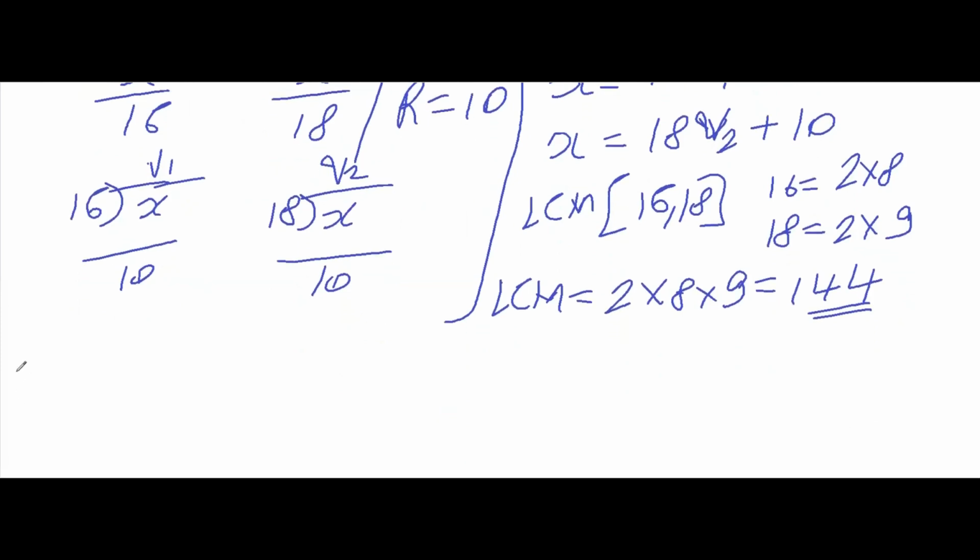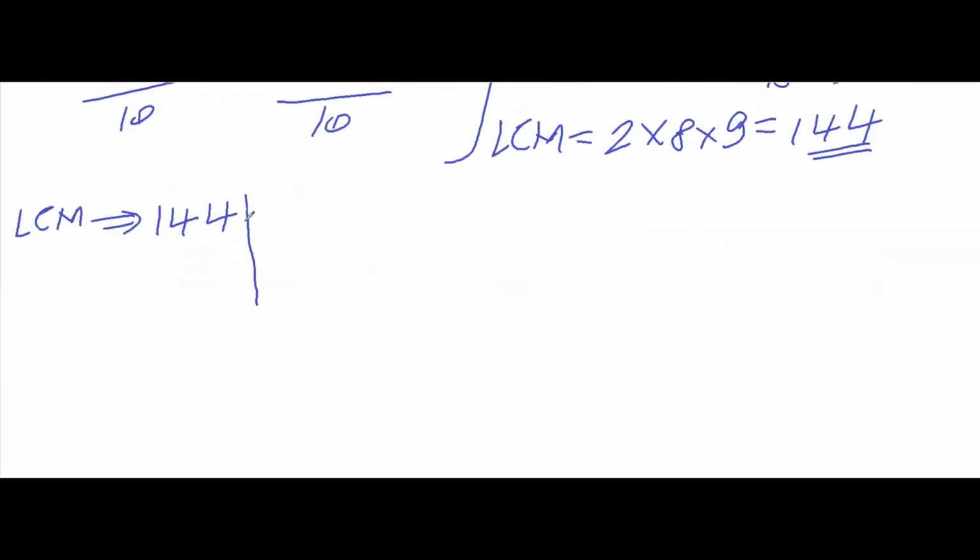So what I'll do, I am going to take different values of this number. Okay, first will be your 144. Okay, then second number will be what? 144 into 2, that will be 288. Okay, then I will take 144 into 3, that will be 432.